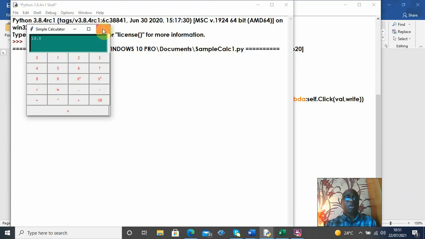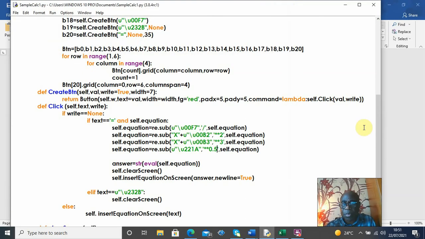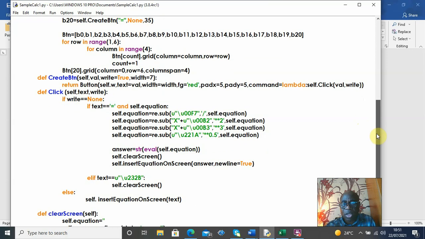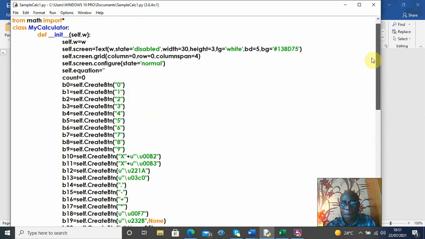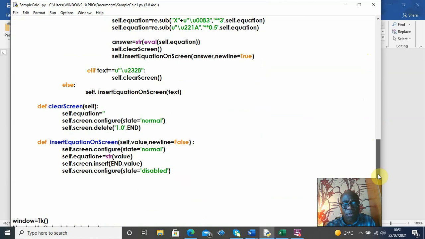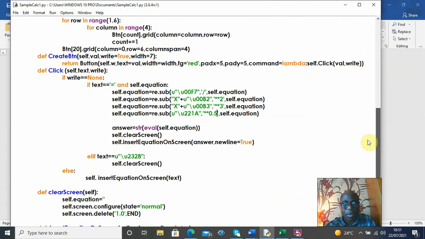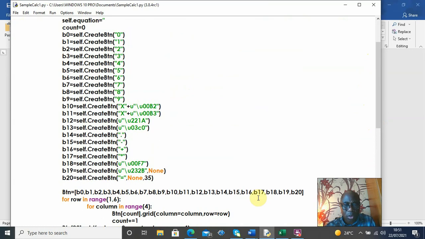Excellent. So this works. Now the next thing I'm going to do is you probably may want to find out the Unicode for, what's it called, for cube root, the symbol for cube root, the code. Let's see whether we can find this online.